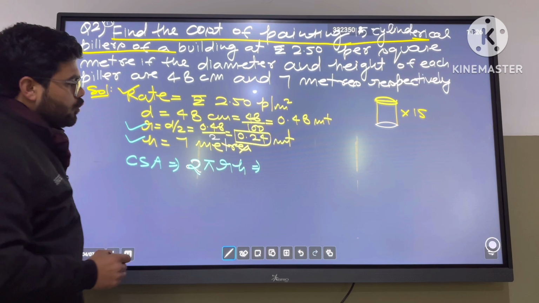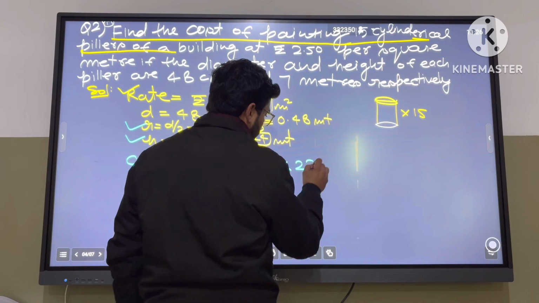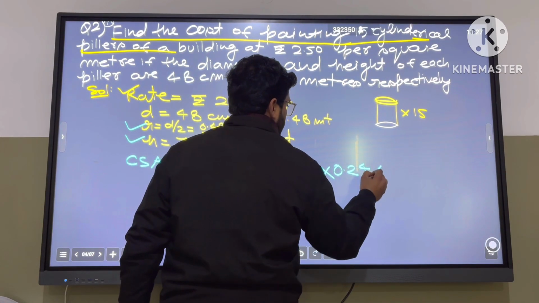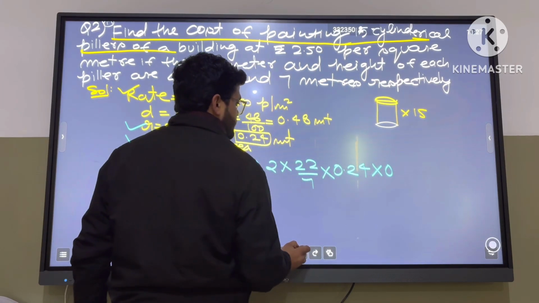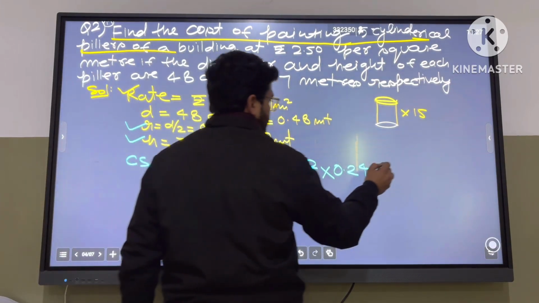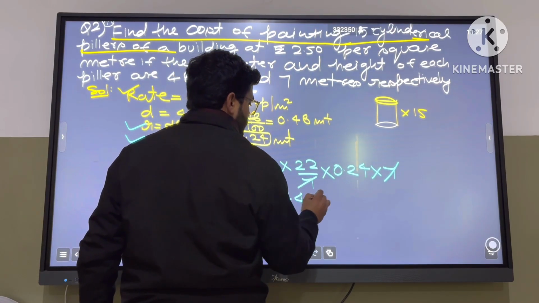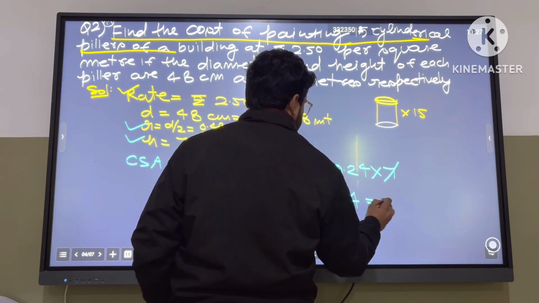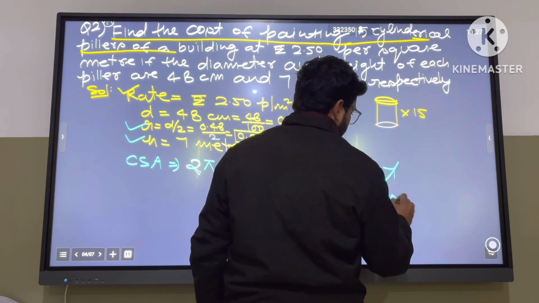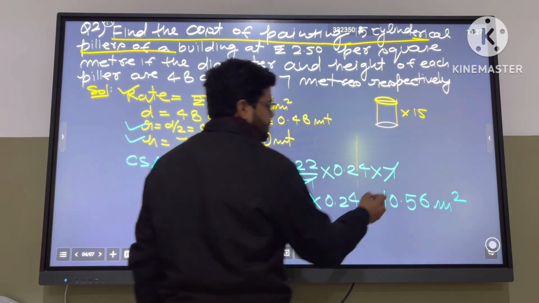Put in the values of r and h: 2 into 22 upon 7 into 0.24 into 7, the value of h given is 7. So 44 into 0.24, we get 10.56 meter square.